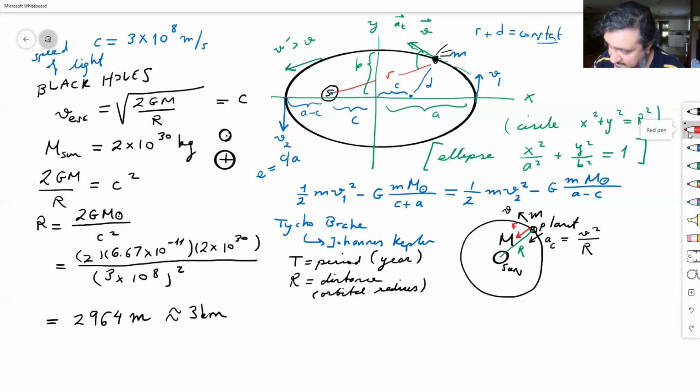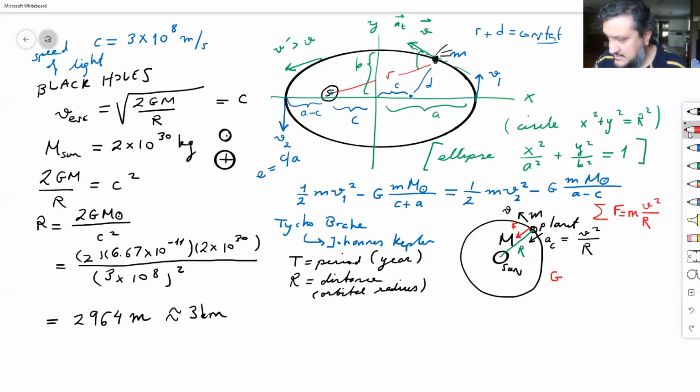That's F. And Newton's second law says F equals ma, which is mv squared over r, okay? Now, the law says the net force, but in this case, we're ignoring everything else. It's just one planet and the sun, and the only force on the planet is the attraction of the sun. So what is that?